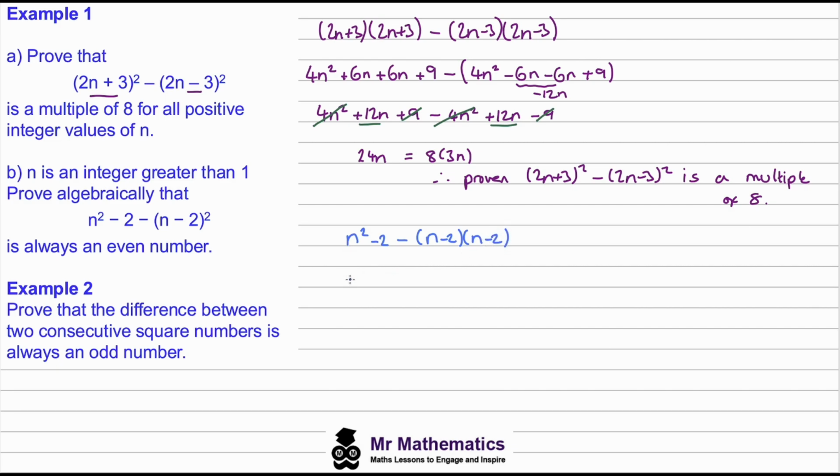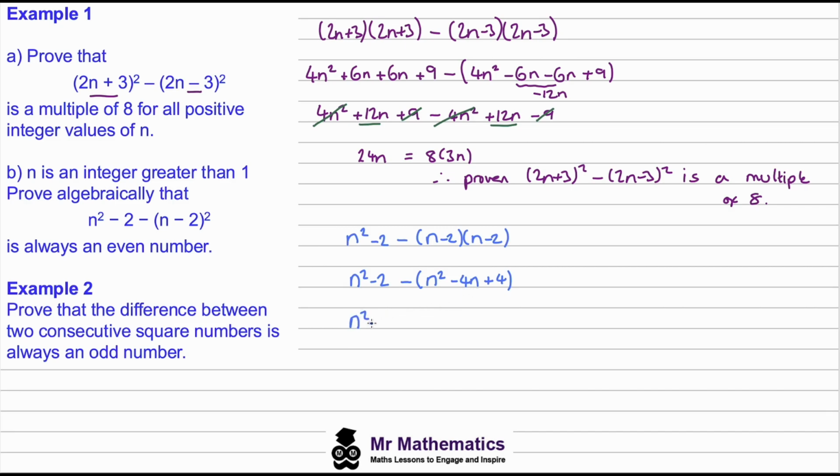So now we've got n squared minus 2 minus, and what did you get when you expanded these brackets out? Well, we get the n squared minus the 2n minus another 2n, so minus 4n, and then the negative 2 times this negative 2 will give us positive 4. And what do you think we should do next?